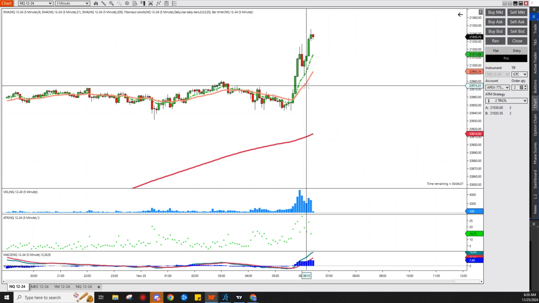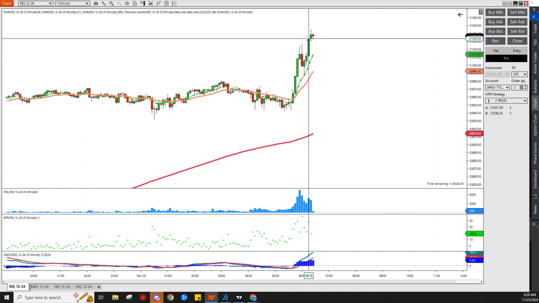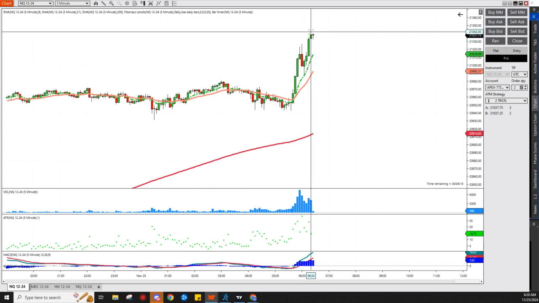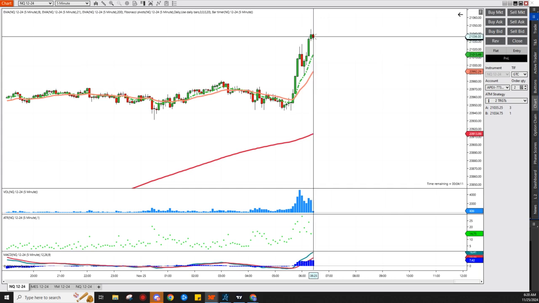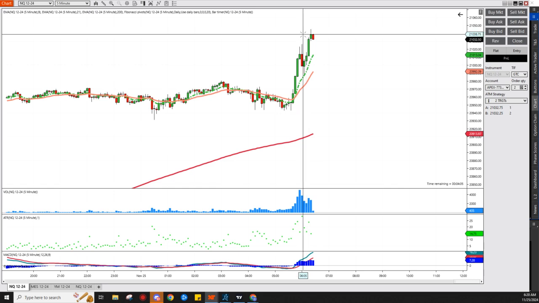Let's see. So in order for me to take shorts here, what I'm going to look for is two different things. One, which has already occurred, is a lower volume. Second, this one also has to have a lower volume and close below, hopefully, this high.